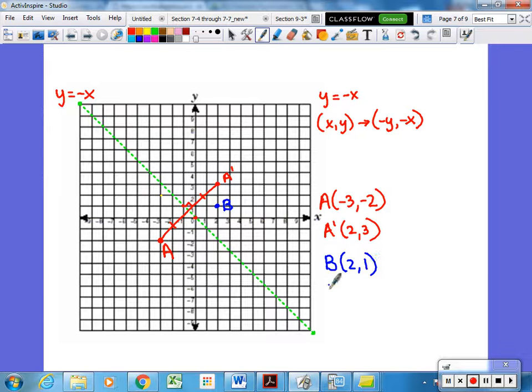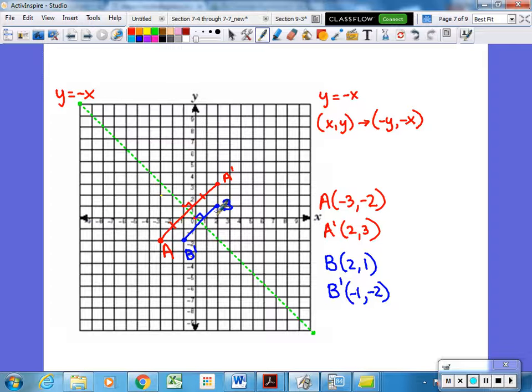This rule tells me to take the opposite of y and make that my x value. So there's y, make the opposite. Take the opposite of x and make that my y value. That means that when I go to (-1, -2), that would be the correct B prime. Let the eyeball test help us out here. It appears that B prime is being accurately reflected about B. So there are the reflections you're looking at.